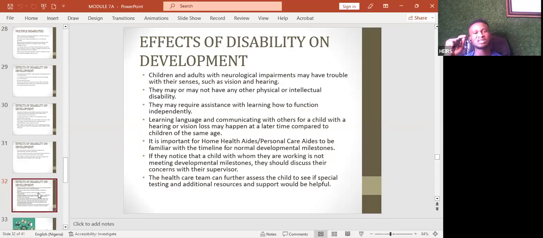If you notice that a child with whom you are working is not meeting the developmental milestones, discuss the concerns with the supervisors. So as a healthcare team, they can further assess the child to see if special testing and additional resources and support should be done, which would be helpful.